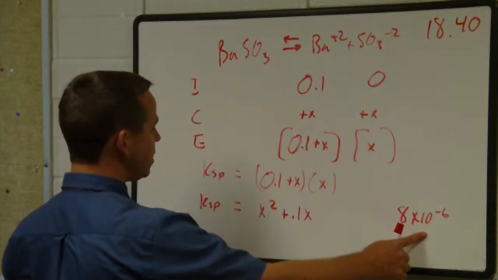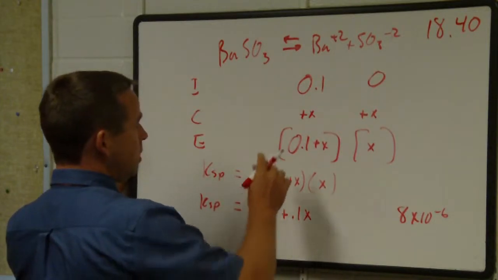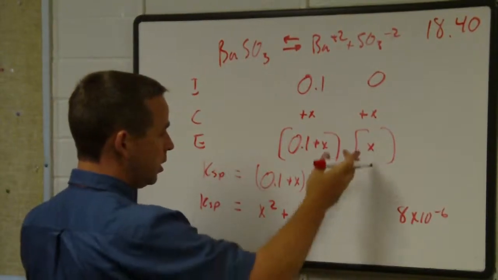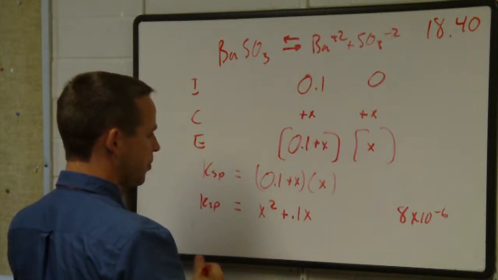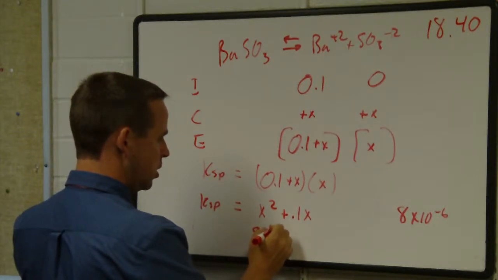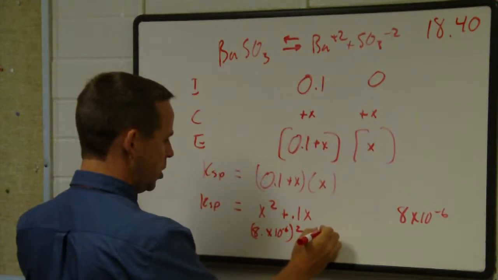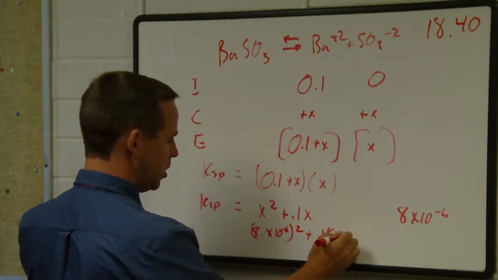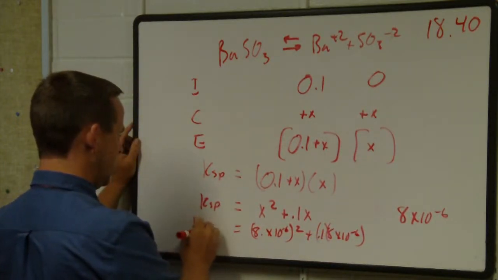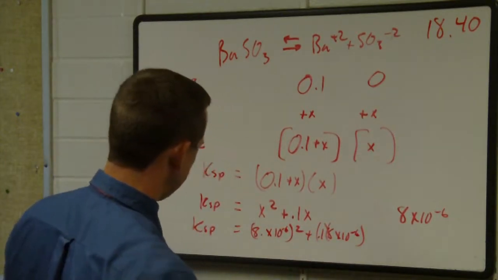So 8 times 10 to the minus 6 is going to be the value of the sulfite ion, the value of the X, right? So if I put 8 times 10 to the minus 6 squared plus 0.1 times 8 times 10 to the minus 6, that should tell us what our KSP is.